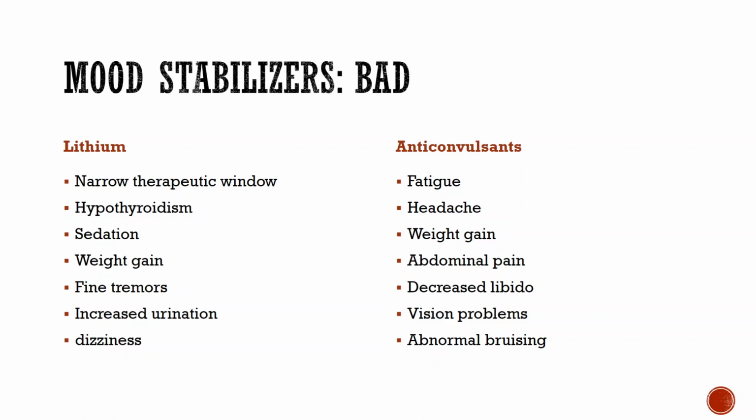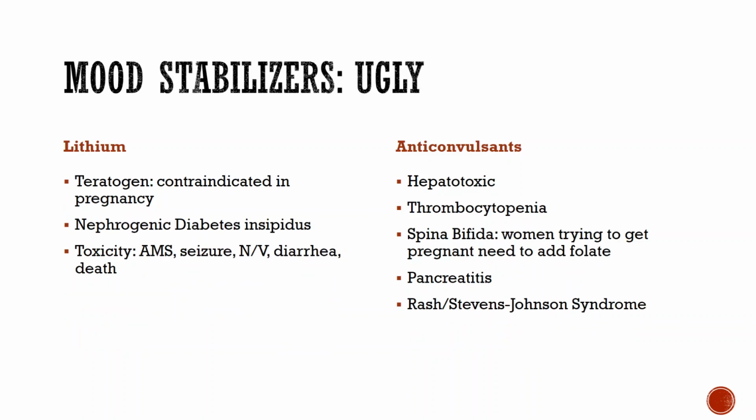It's got that narrow therapeutic window, and it can cause that hypothyroidism, sedation, weight gain, the fine tremors, increased urination, and some dizziness. And then our anticonvulsants are not without their side effects as well, which can be the fatigue, headache, weight gain, abdominal pain, decreased libido, vision problems, and abnormal bruising.